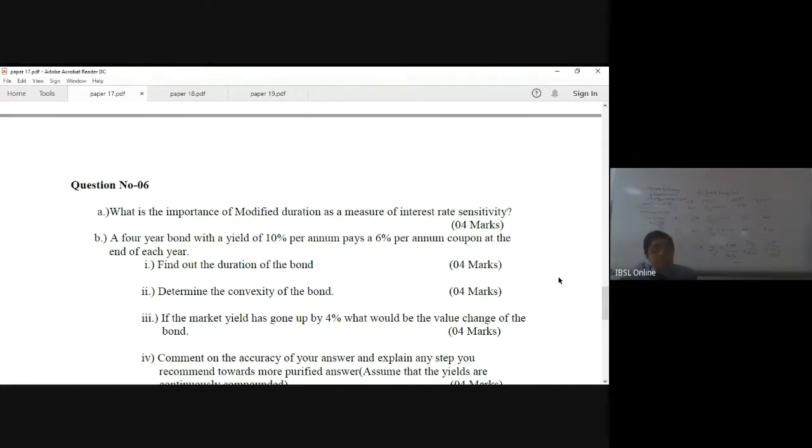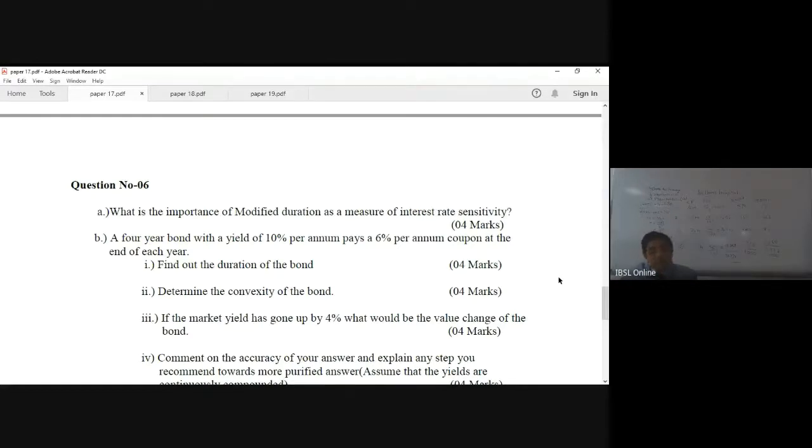In the fourth year, you get 60 into e to the power minus 0.1 into 4, that is 0.4. In the last year, you will get 1060, not 60, because the bond's proceeds also come in the last year. And it should be 1060 into e to the power minus 0.4.